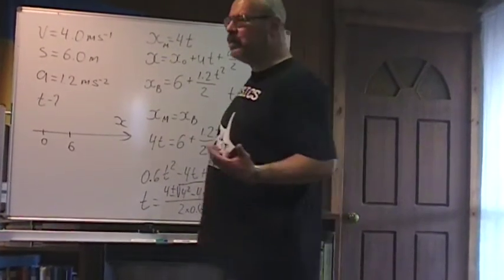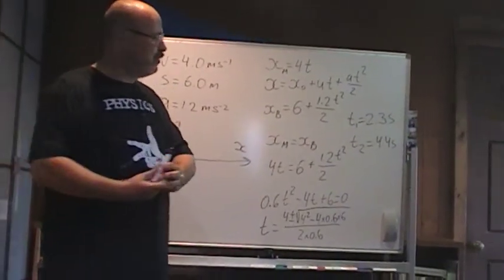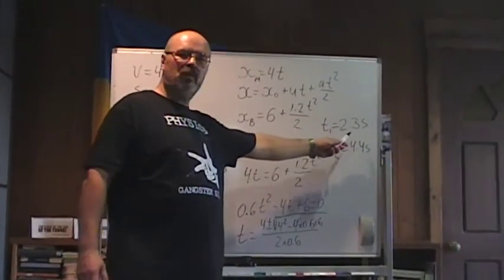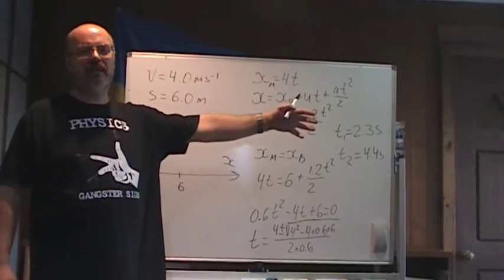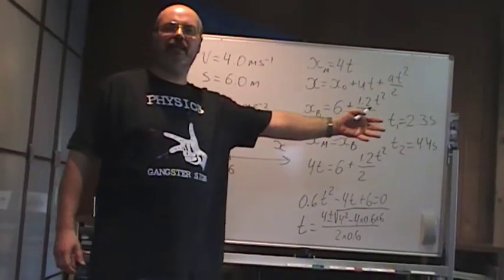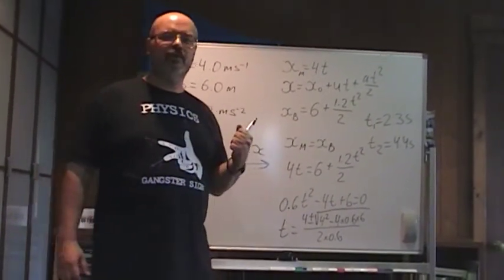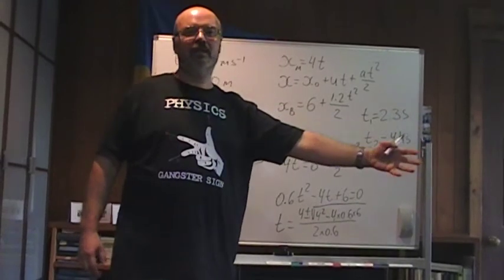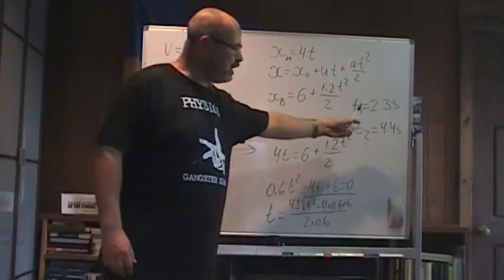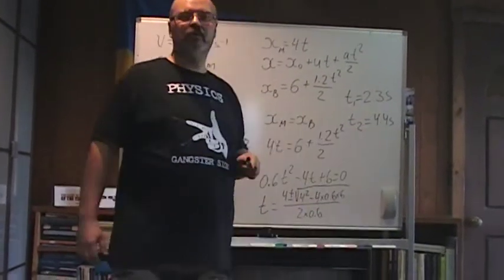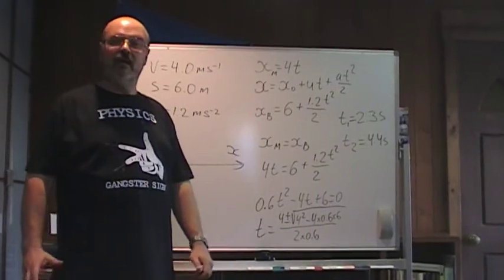Let's think about what the two solutions mean. The first solution is when the man initially catches up with the bus and gets on. But if for some reason he does not get on and decides to continue to run, he will overtake the bus. But because the bus is accelerating, at time 4.4 the bus will catch up with the man. That's all.